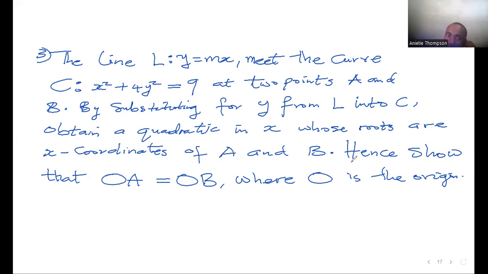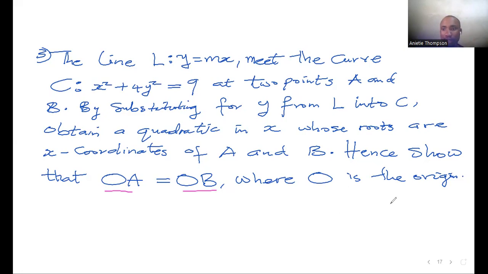Then hence we want to show in the diagram that what we are doing is really true, that OA is the same thing as OB, where O is the origin.